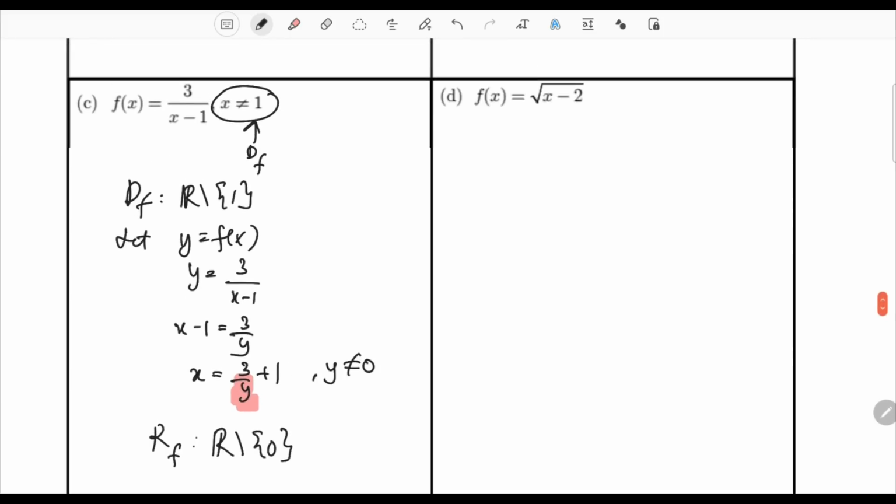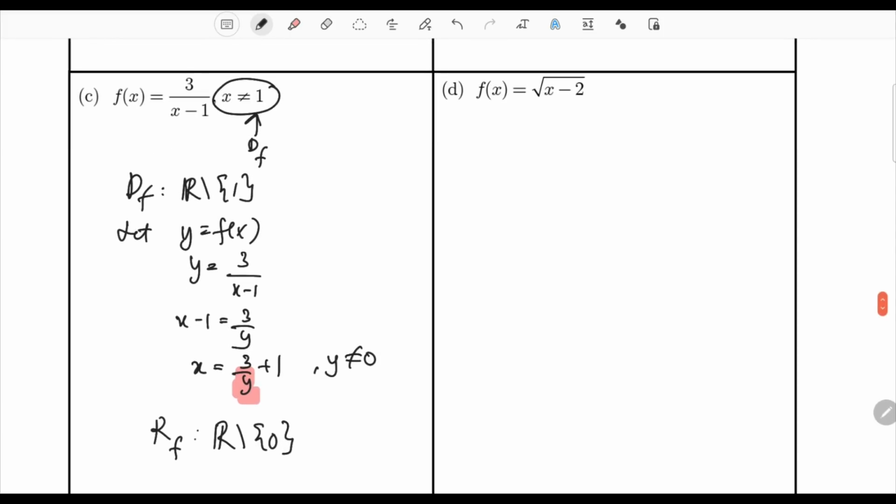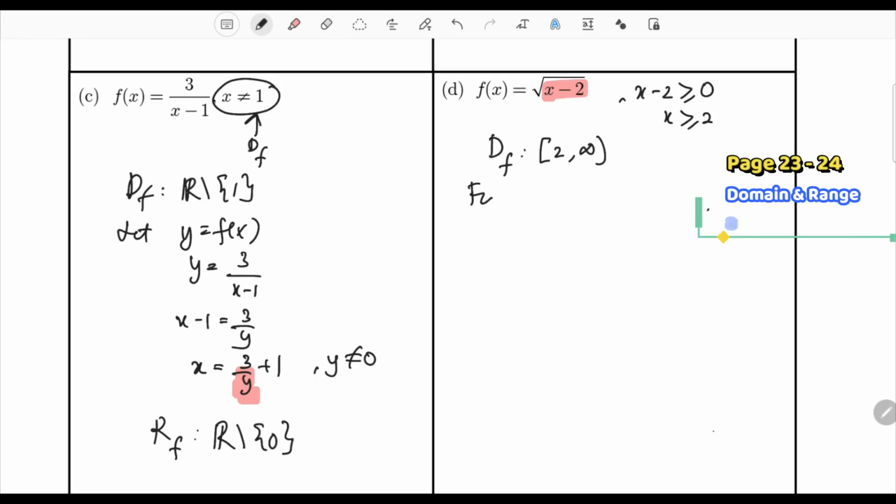Okay, next let's look at D. We have f(x) equal to square root of (x minus 2). Under the square root, x minus 2 must be greater than or equal to 0, so x greater than or equal to 2. That will be the domain of f(x), [2, infinity), half open. Next, for all x elements of the domain, what are the possible values of y?